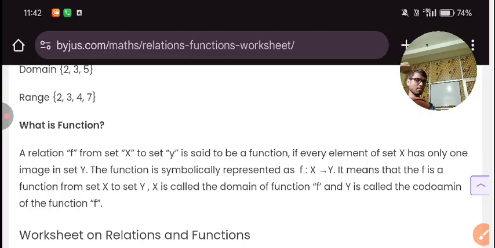This is the meaning of this sentence. The function is symbolically represented as f: X to Y. It means that f is a function from set X to set Y. X is called the domain of the function f and Y is called the codomain of the function f.